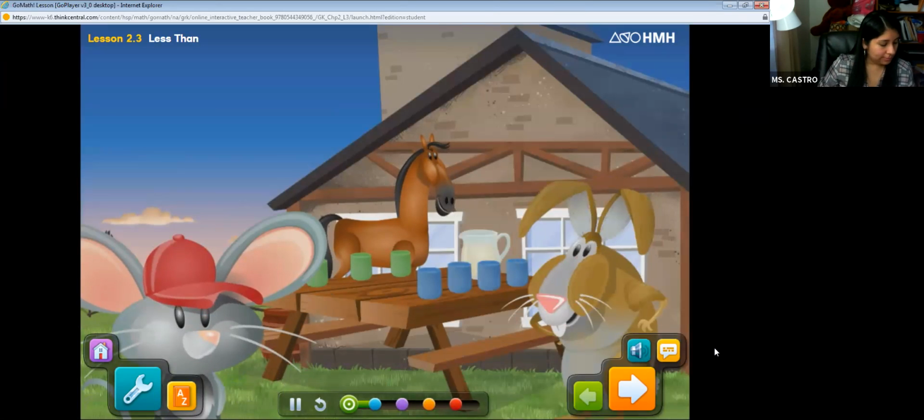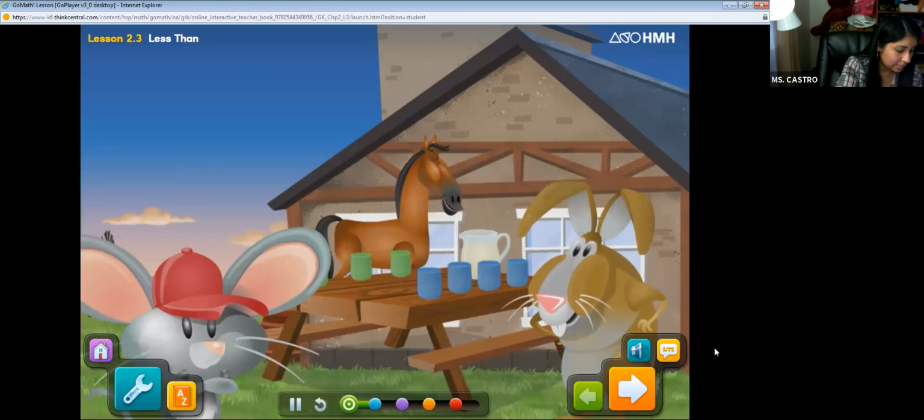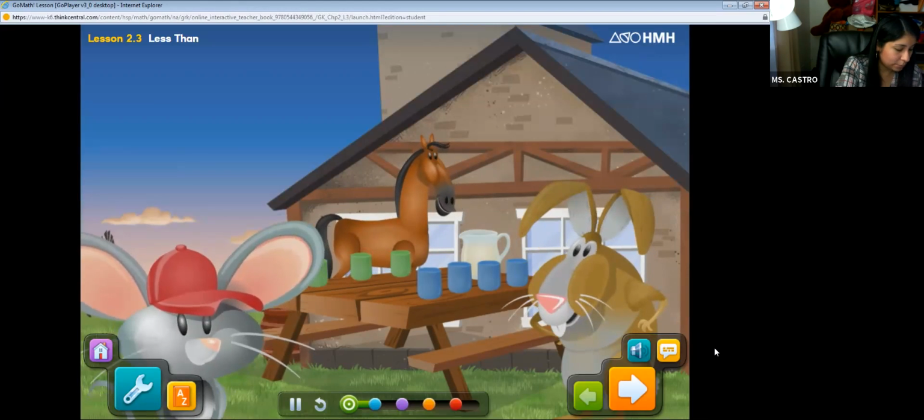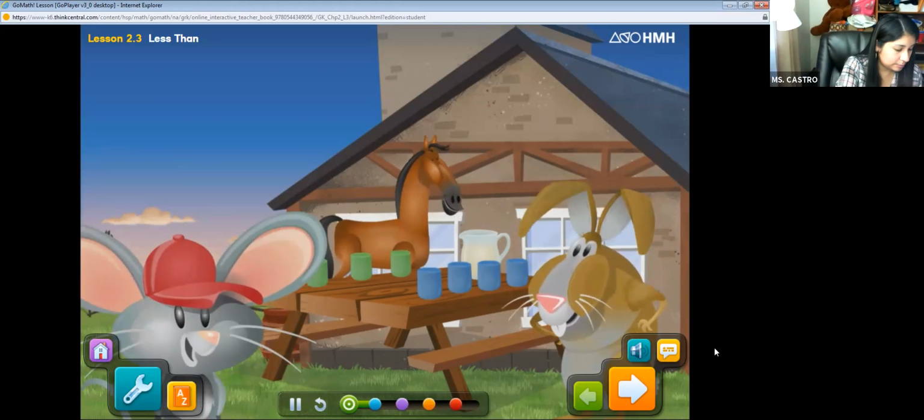Hello! My friends Henry and Rafferty have been watching some of the workers at the petting zoo set up for a party. They've made 2 sets of drinks for their guests. Click the picture to try what they made.